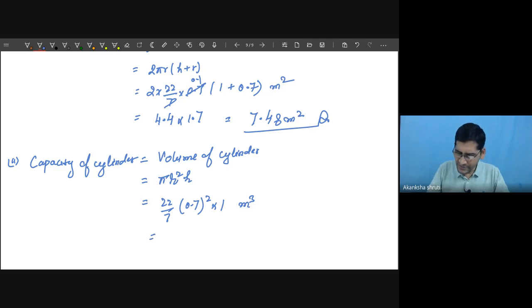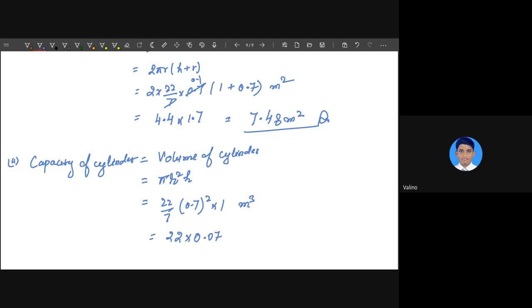So just simplify it. It becomes 22 into 0.7 square, 7 7s are 49, so 0.49, or better to cancel this 7 with one of the 7s. So 0.1 into 0.7, so 0.07. Is it okay? Yeah, students, are you getting this? Yes, sir.